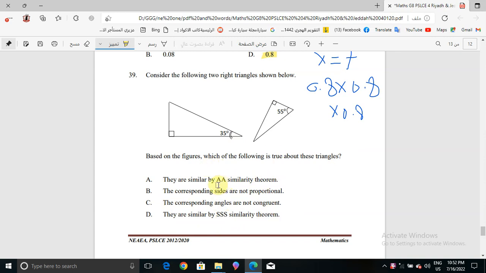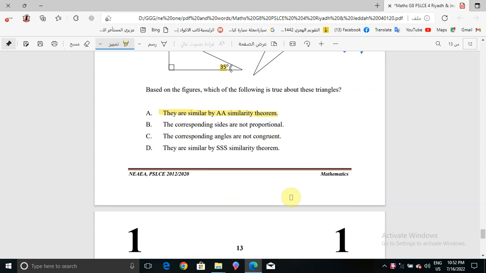The correct answer will be angle-angle, because here we have an angle and here also an angle. So they are similar by the angle-angle theorem. The answer is choice A.